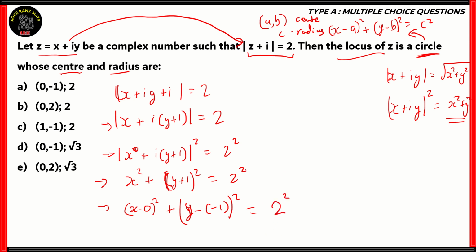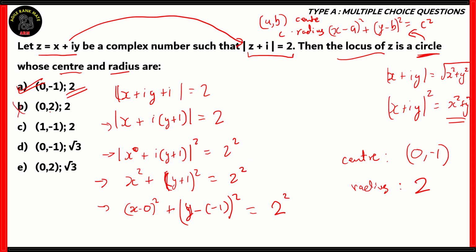So now that we've got our a and b, we can conclude that the center of the circle, which is the locus of the complex number, is 0, minus 1, and the radius is 2. So therefore, among the following options, it's clear that option A is the right option.